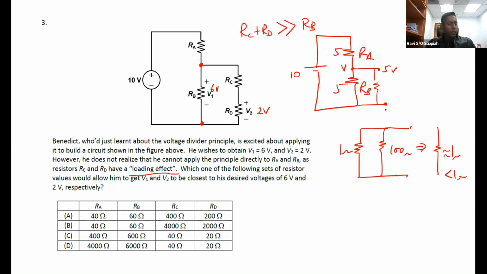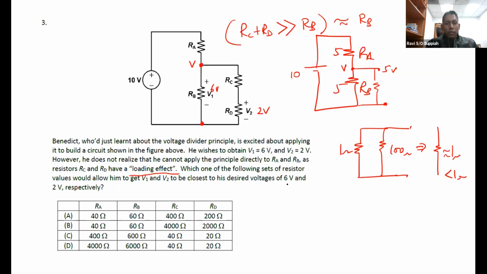All right, so when this happens, it will make the effective resistance approximately equal to RB. And when I can do that, that means the voltage at this point will be more or less the same with or without RC and RD over here.